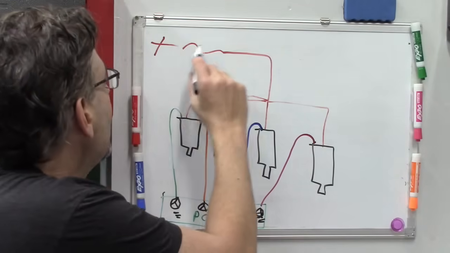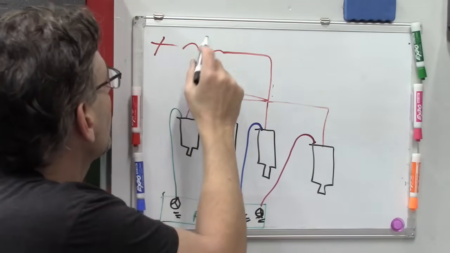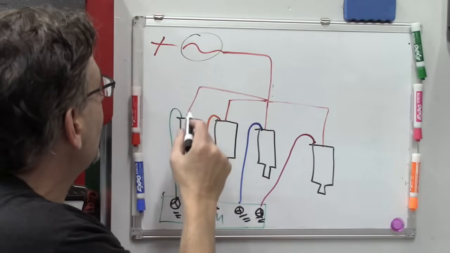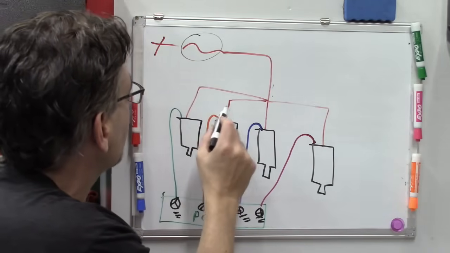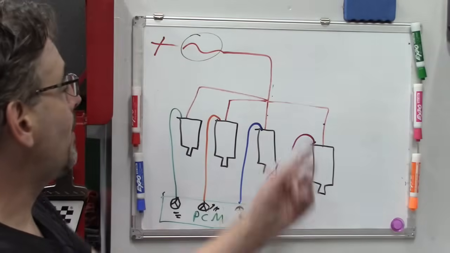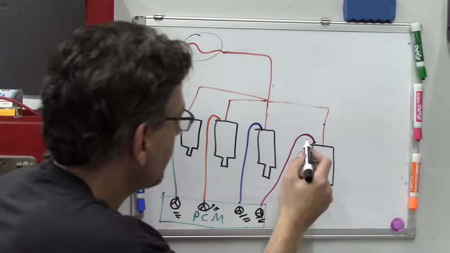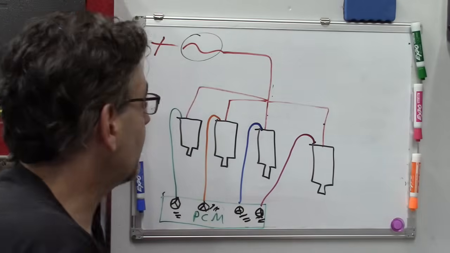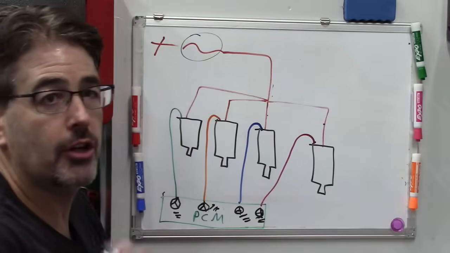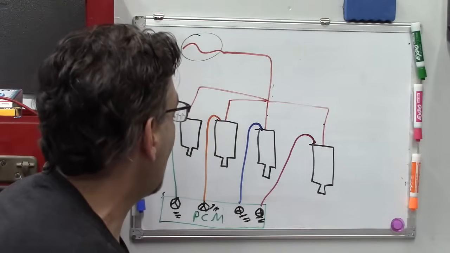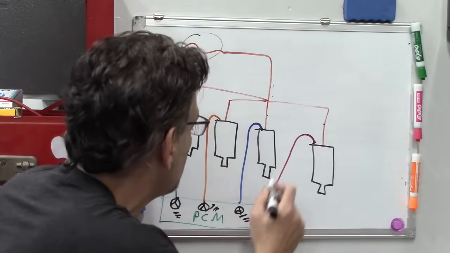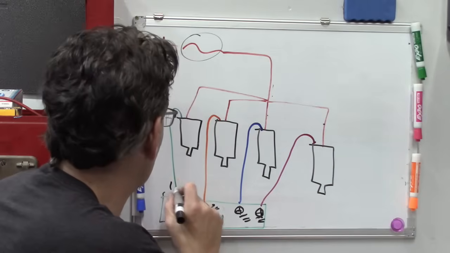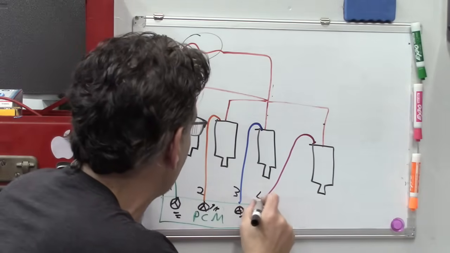So you're going to have power come in. It'll be fused and it branches off. Every wire is the same color for the power to each injector. And then each injector has a second wire off of it that's a different color. Each different color is the control wire, and it's ground side controlled. So each one is going to go, maybe this will be 1, 2, 3, and 4.